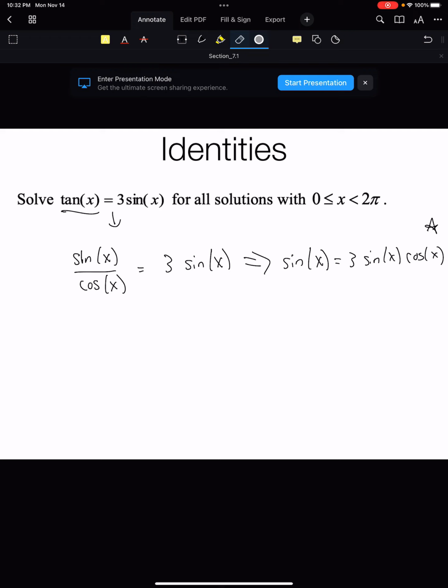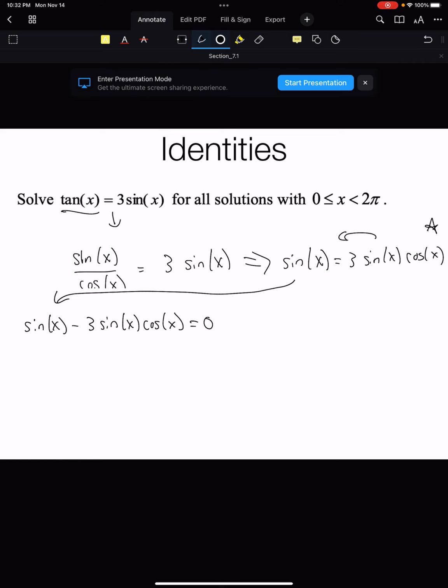And so I'm going to rewrite this as the sine of x minus 3 times sine times cosine equals 0. Okay, so I brought the right-hand side over to the left-hand side.